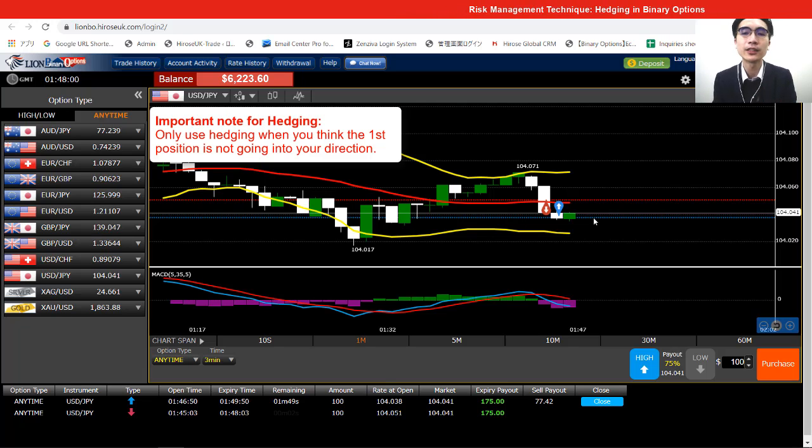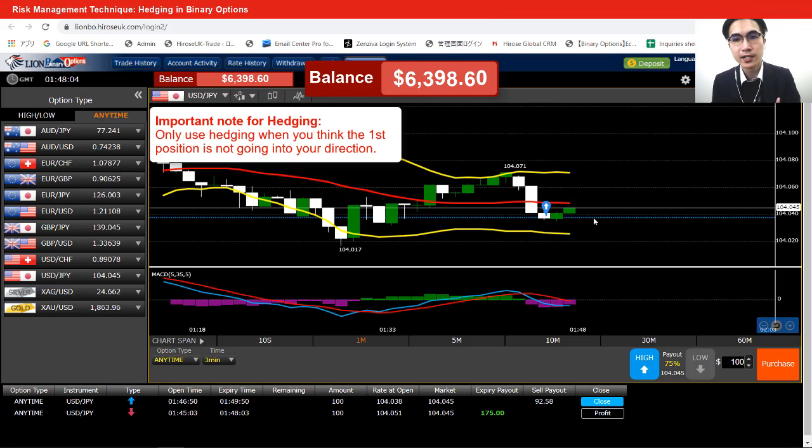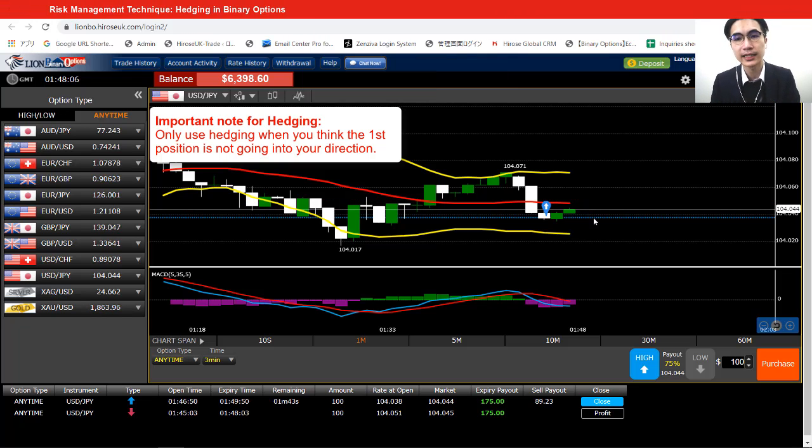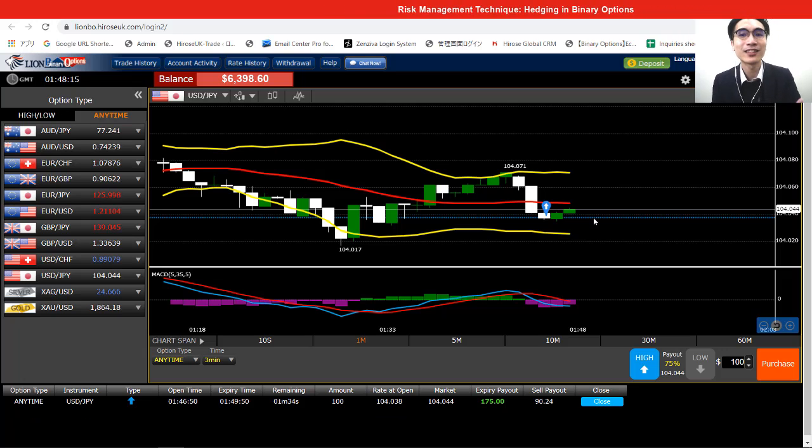So you only use hedging when you don't feel confident of your first trade. Then you place a second trade that is against your first trade. Okay, so the first trade here ended in profit actually, and now the second trade, the price is moving towards my second trade's direction.